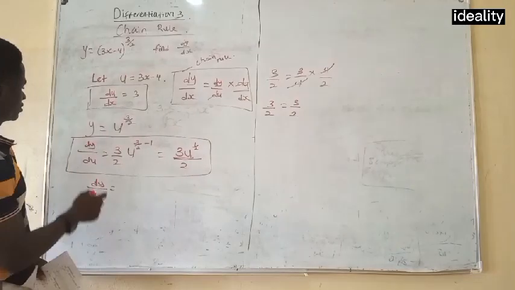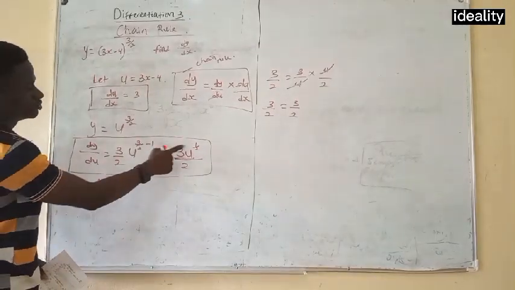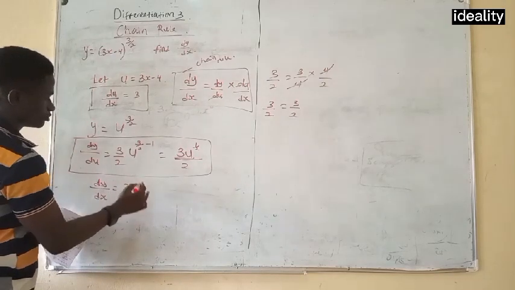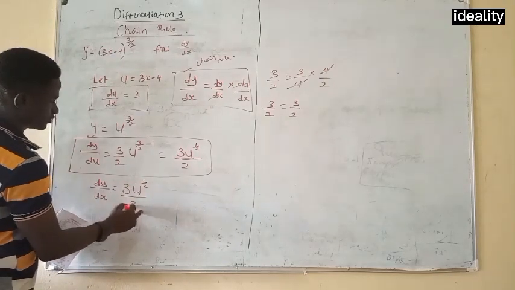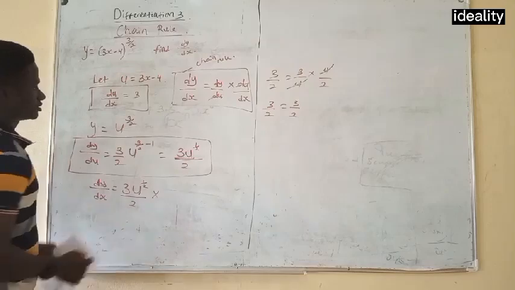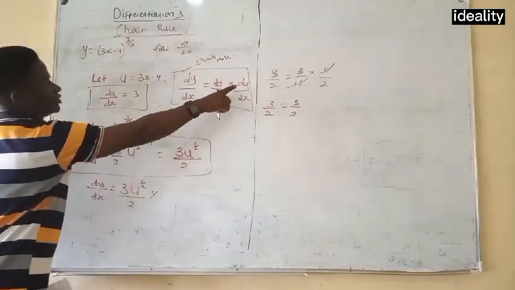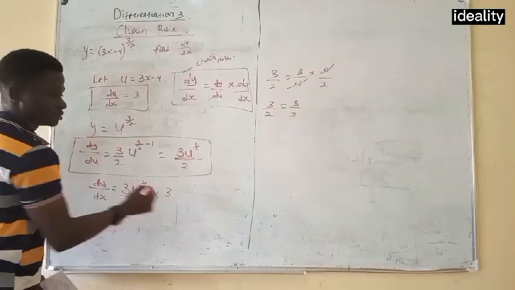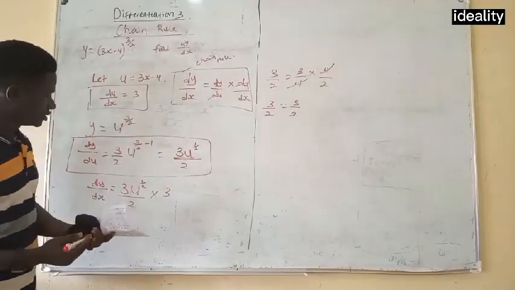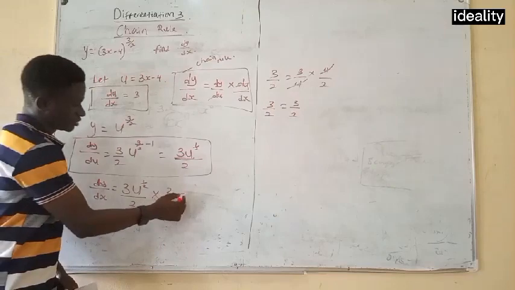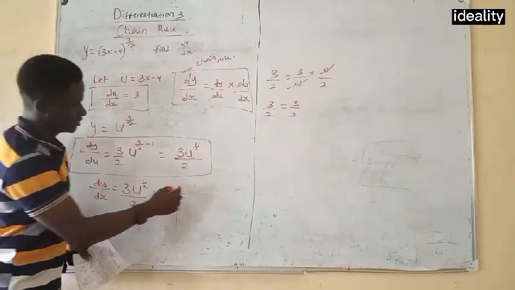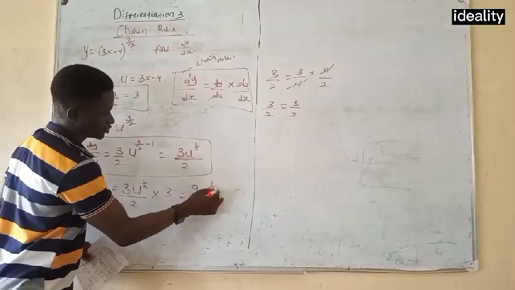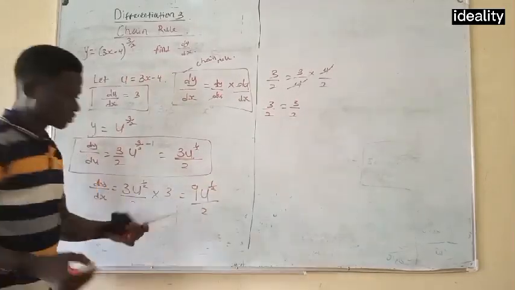My dy du is 3u raised to the power 1 over 2, over 2, times my du dx, which is 3. So 3 times 3, I have 9. That will be 9u raised to the power 1 over 2, over 2.